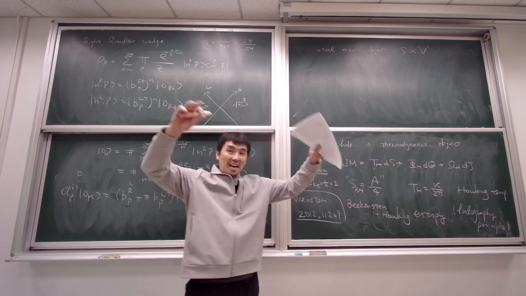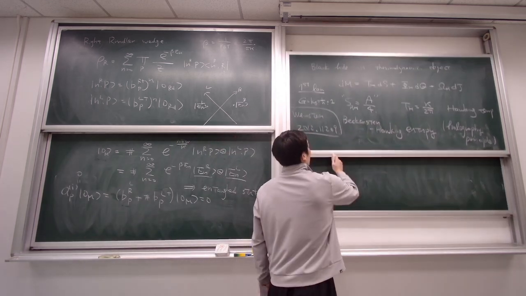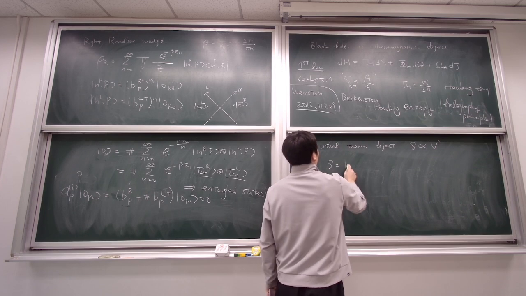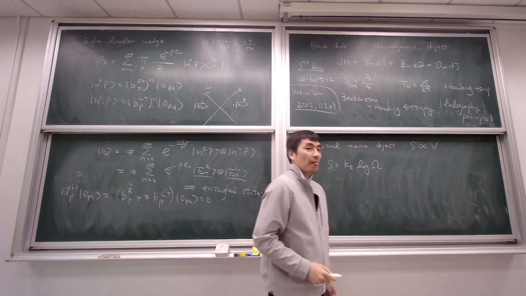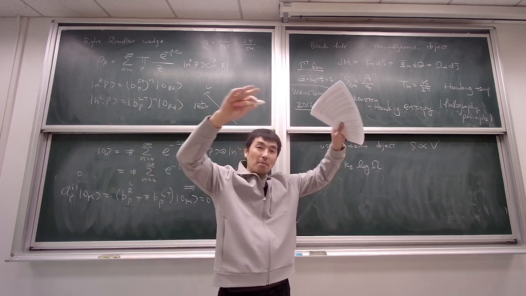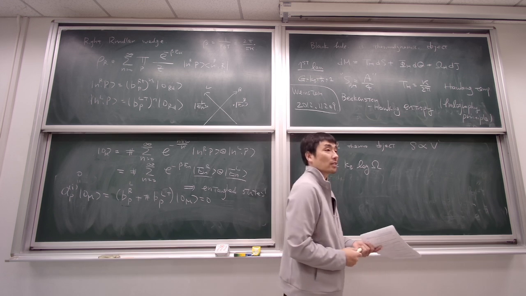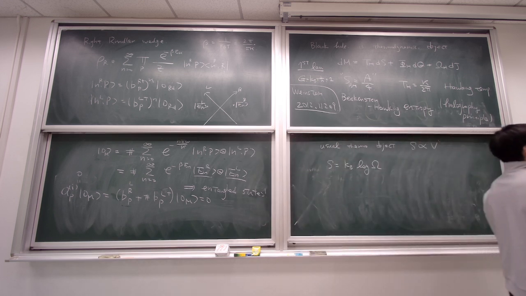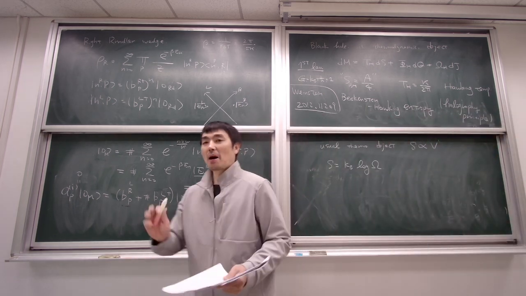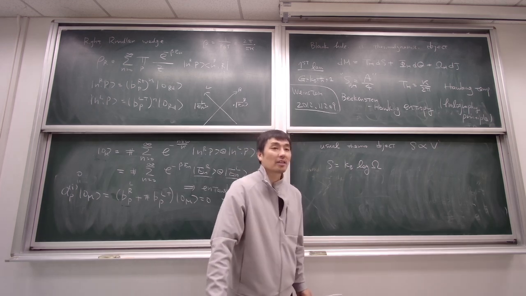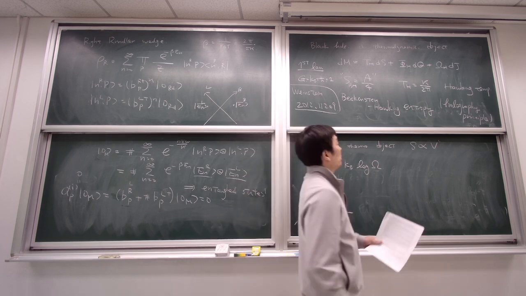This is something called the holographic principle. If you believe entropy is k_B times log of the number of states, all the degrees of freedom are somehow stored at the event horizon. Therefore, you don't need to know about the bulk interior of the black hole. That is called the holographic principle. Furthermore, it has a temperature.